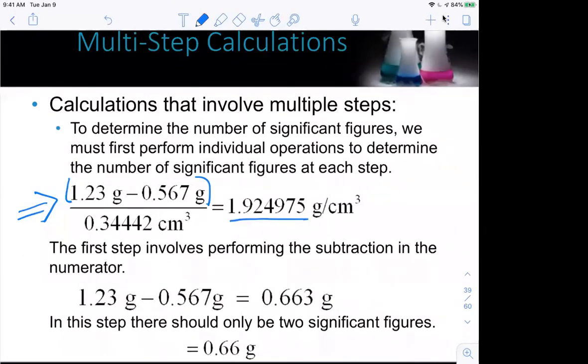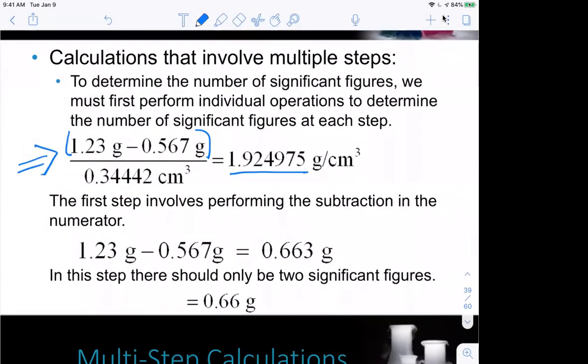In my calculator, I get this long number. The first step is doing a subtraction, right? How many significant figures is this going to generate? Well, I have 2 after the decimal, I have 3 after the decimal, so I need 2 after the decimal. This is the reported answer to that subtraction. This is where the significance starts. But I use this whole number when I do the division because I do not round at this stage. I round later.